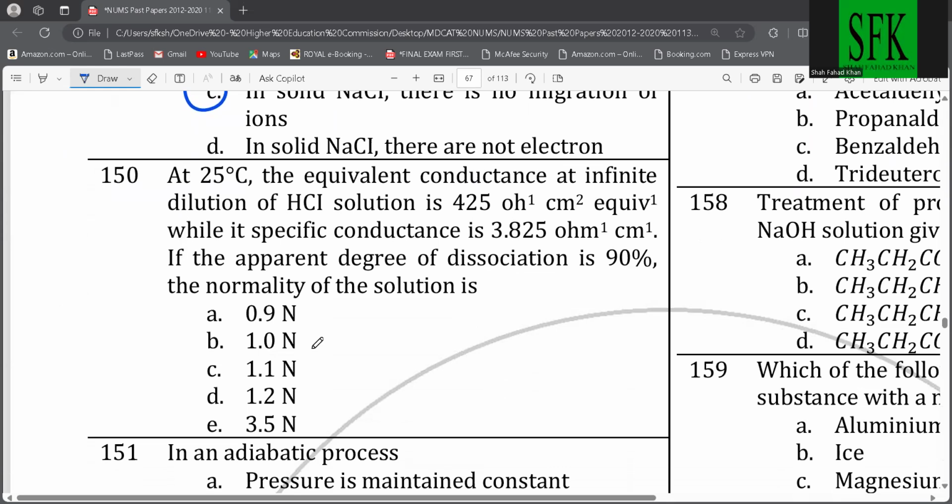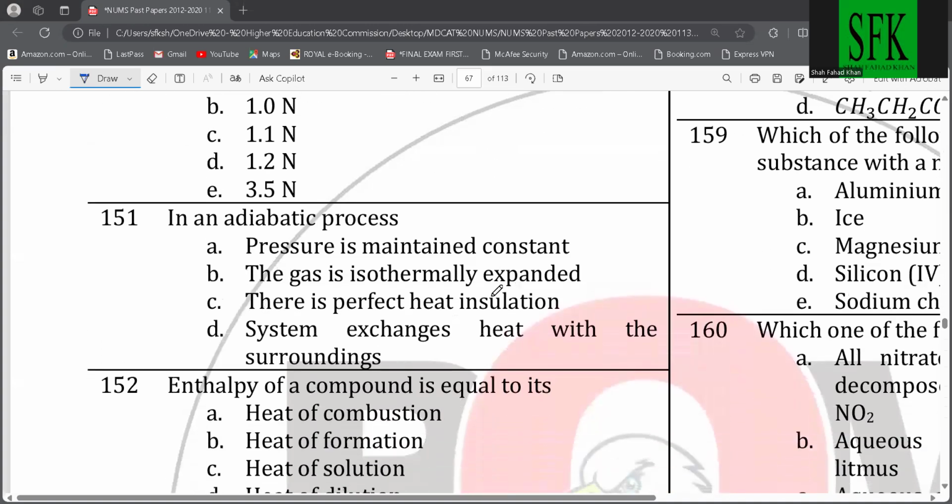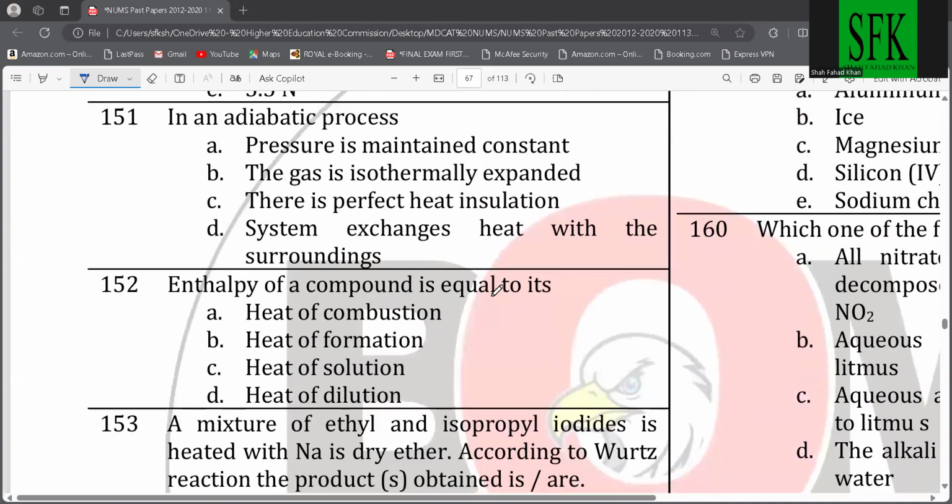If the apparent degree of dissociation is 90%, the normality of the solution is how much? To calculate the normality, you need to have the... sorry, normality, not molality. Okay, guys, this question is not in our syllabus as such. Since it involves specific conductance and equivalent conductance, even if we skip it, it is not much of a problem. There is a long method for it; this is an Indian board question.